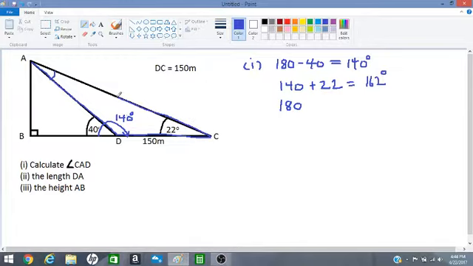I have highlighted it for you in blue. So we'll have 180 minus 162, which gives 18 degrees. So that's our answer for angle CAD.